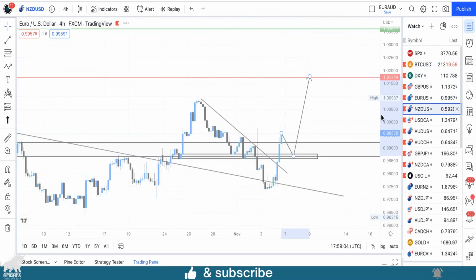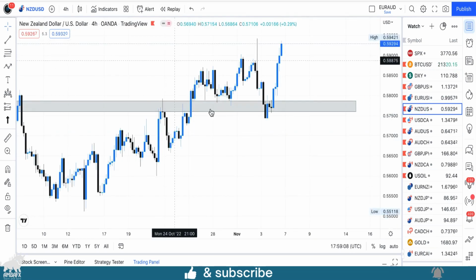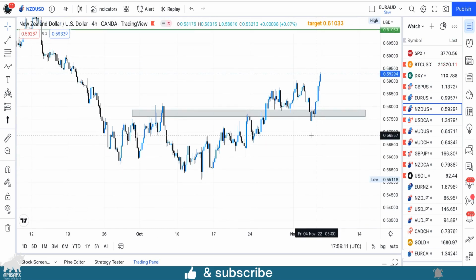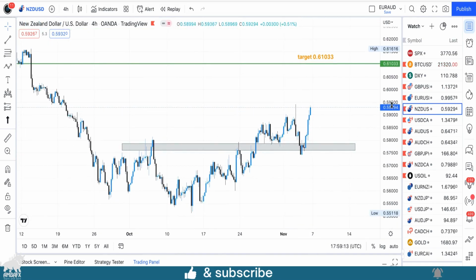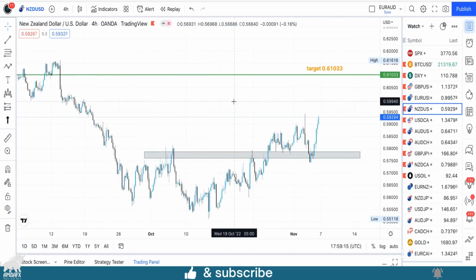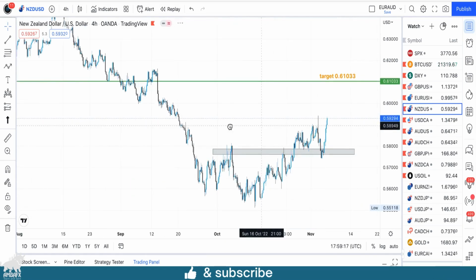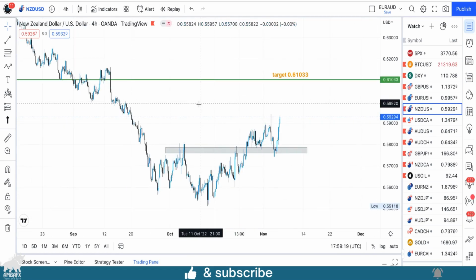So the next pair I want to look at is AUDUSD. Prior to Thursday, we might see upward movement in AUDUSD because we might have a weaker dollar from Monday to Wednesday.